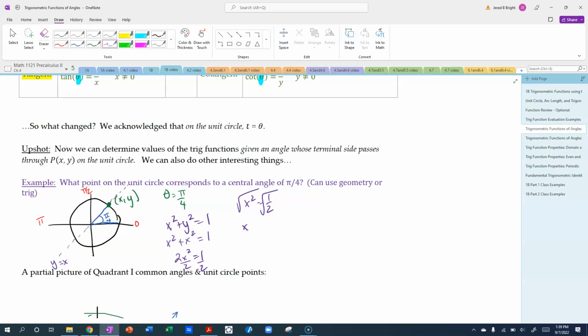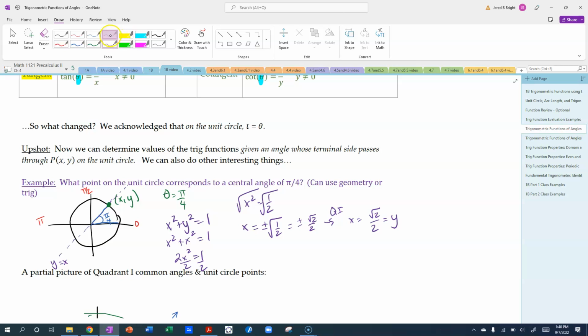Square root both sides. When I introduce a square root, I need to include a plus or minus, so plus or minus square root of 1/2. If I simplify this, this is plus or minus square root of 2 over 2. Being that I'm in the first quadrant, x is positive square root of 2 over 2, and this would also be the same value as y.